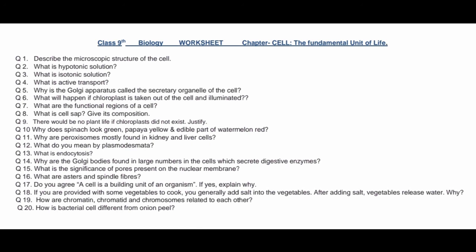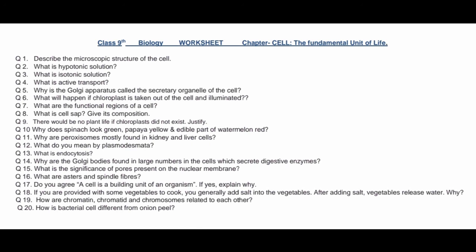Now the last question of the day is, how is a bacteria cell different from an onion peel cell? Bacteria cell size is very small, about 1 to 10 mm, and onion peel cell size is larger, about 5 to 100 mm.